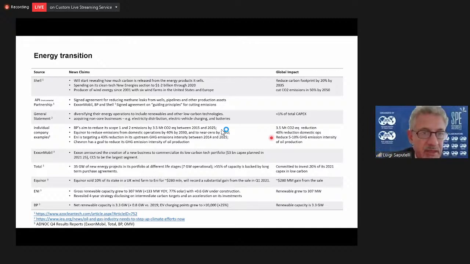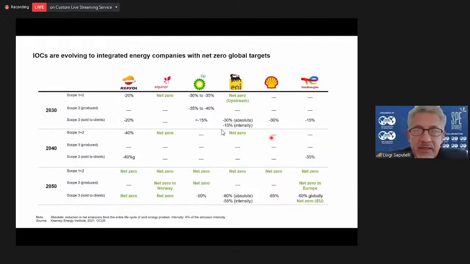In general, IOCs are evolving to integrated energy companies to meet net zero global targets. So some of them, like Repsol, by year 2050, is pledging to have net zero in scope 1 and 2, and also to have net zero of the hydrocarbon and energy sold to the clients.